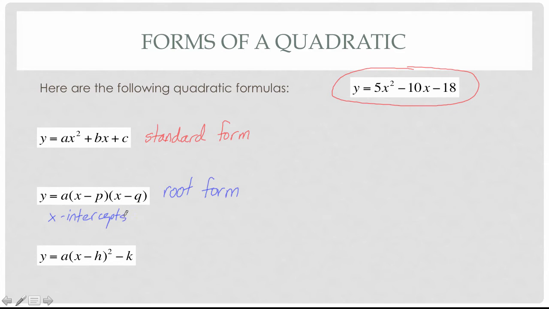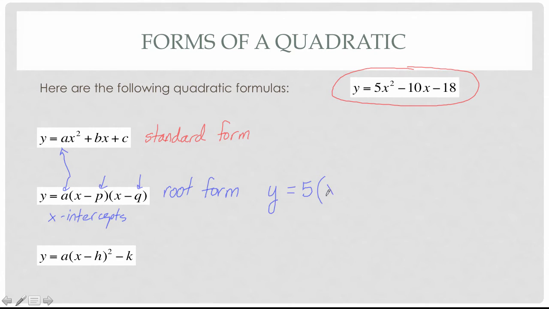X-intercepts are roots. So if I wanted to take this equation, we already know what the x-intercepts are. We approximated them. And we could write it in this form. P and Q are just your x-intercepts. A is the same value of A as above. So in here, we could rewrite it as y equals A, which is 5, times, we have one root at negative 1.14, when we rounded it.